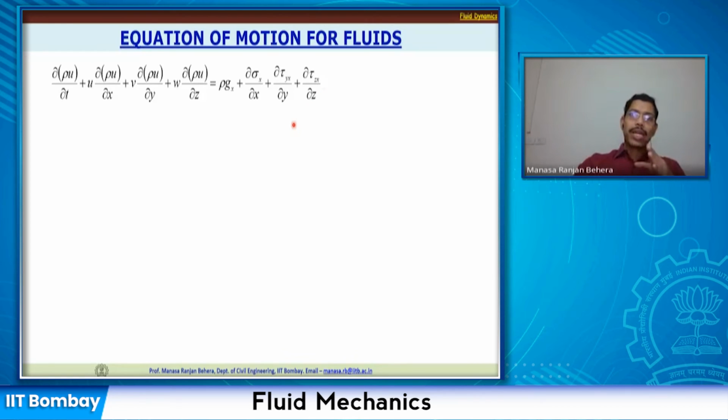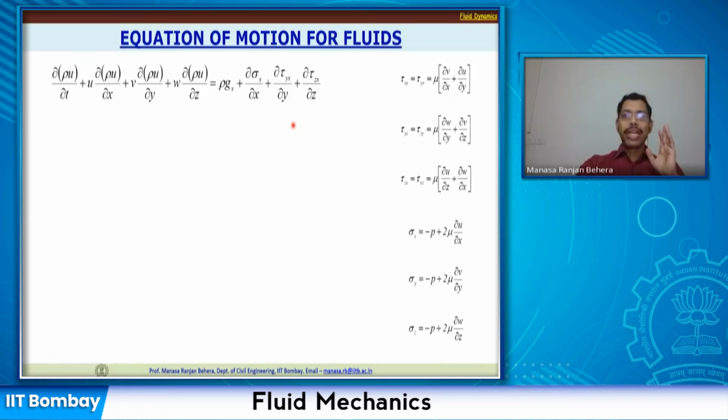Now in this, let us pull those equations which we had already written for tau as well as sigma. If I take the first term, that is sigma, I can write sigma x equals minus p plus 2 mu dou u by dou x. Similarly, I can substitute the value for tau yx from here, and again for tau zx I'll take the value from here.